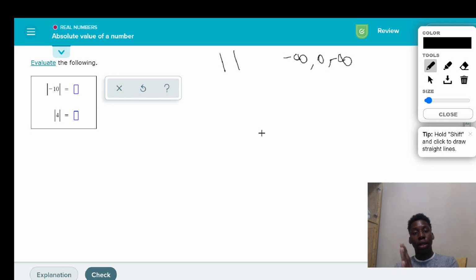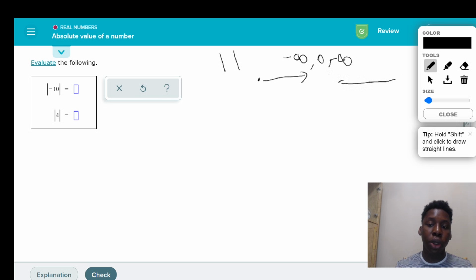And then it gets to 1, 2, 3, 4, 5, the positive numbers, right? So we're just going to count how many steps it takes for all these to get to 0. If we're working from the minus side, we start from the minus side all the way to 0. And if we're working with a positive, we start from the positive side all the way to 0.